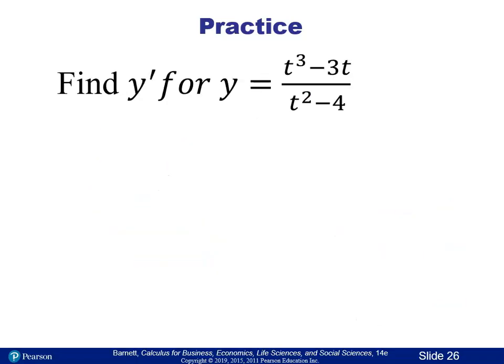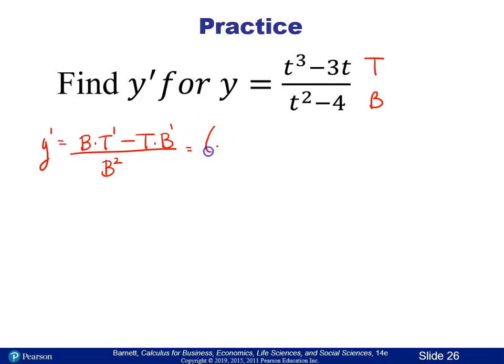All right, so a little more complicated, not terribly, but this is our top, this is our bottom. So if we're going to find the derivative, we're going to do bottom times the derivative of top minus top times the derivative of the bottom over the bottom squared.